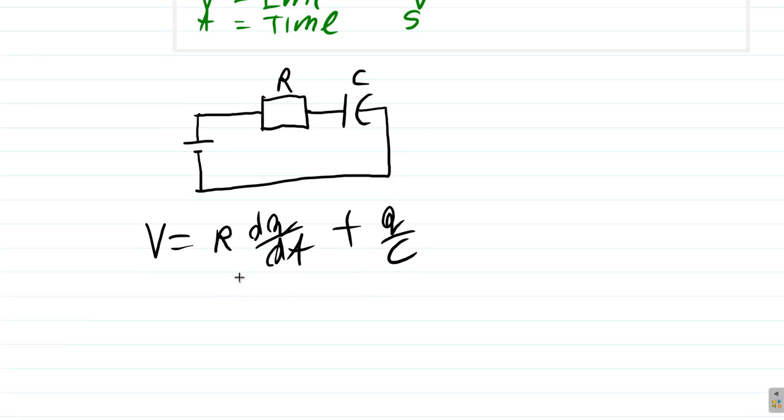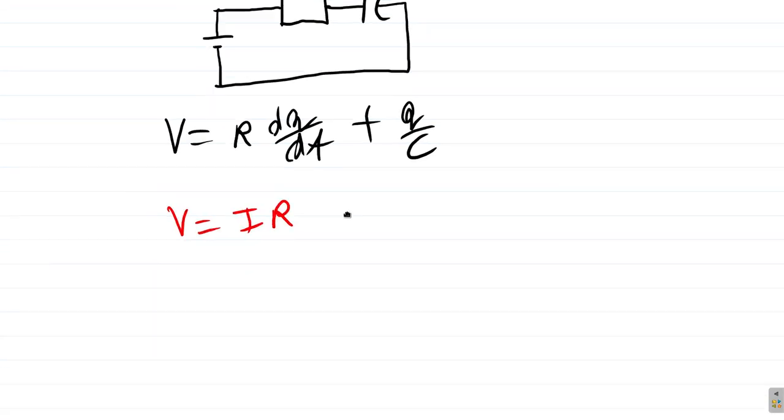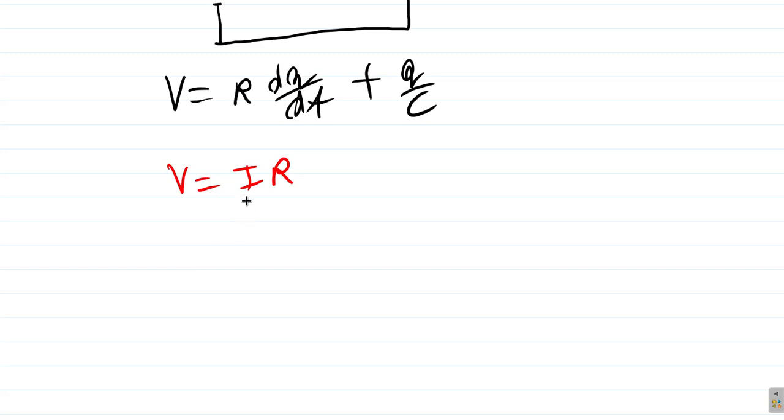Now, here, voltage is the current times resistance. V is equal to IR. But at the same time, the current is the rate of flow of charges.